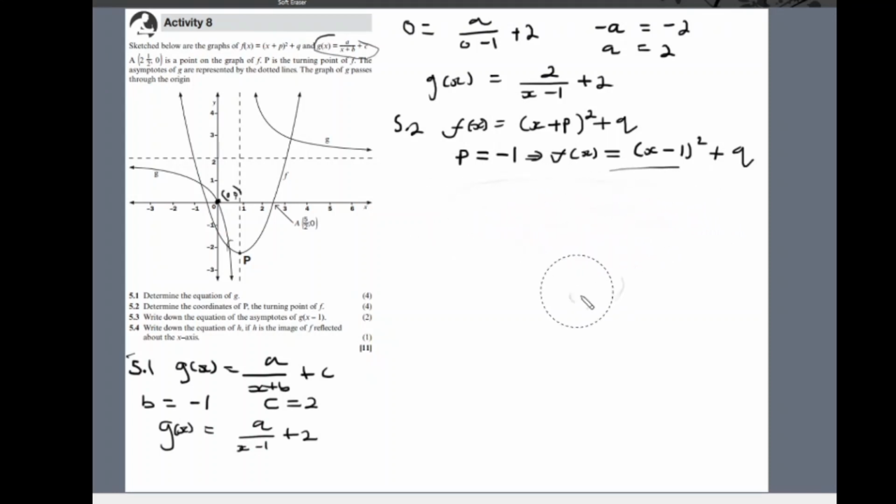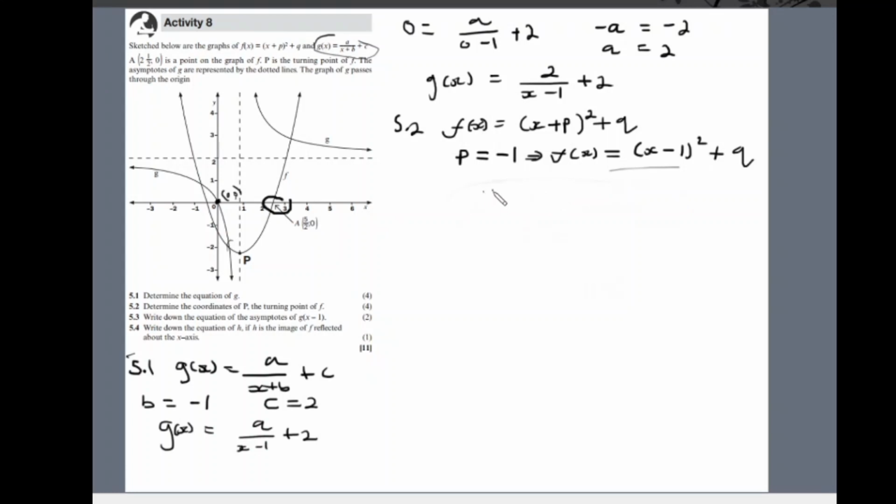that's not a problem. So now we need to determine the value of q. To determine the value of q, we'll have to use this point and substitute into our equation, right? We have to use the coordinates of A. So here at A, when x is 5/2, y will be 0.